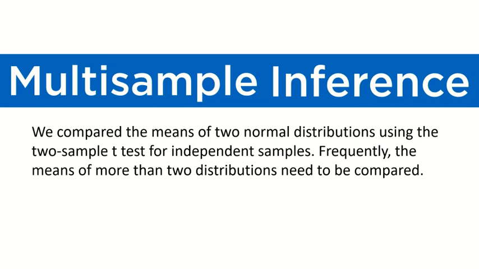This is when we compare more than two distributions or populations. The process that we are going to use here is called the analysis of variance, or ANOVA. And this is what we are going to be talking about for the next two videos for this module.